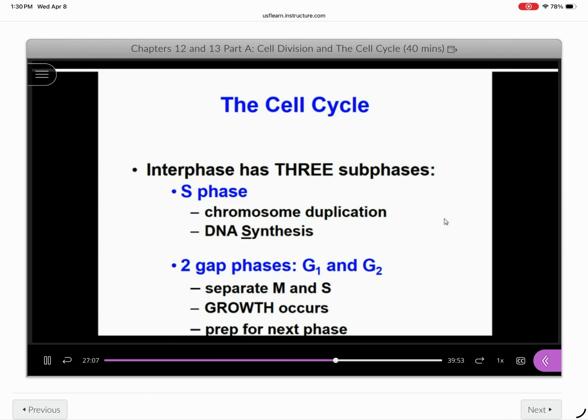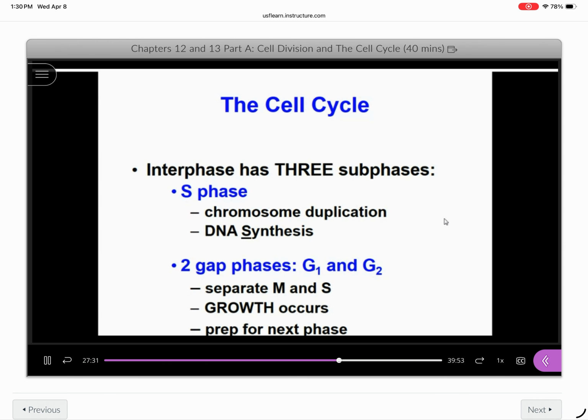So we call those gap phases. The phase going from M to S, that first gap, is called G1. Then the second gap, going from S to M, is called G2. So we have G1 and G2, and they separate M from S.